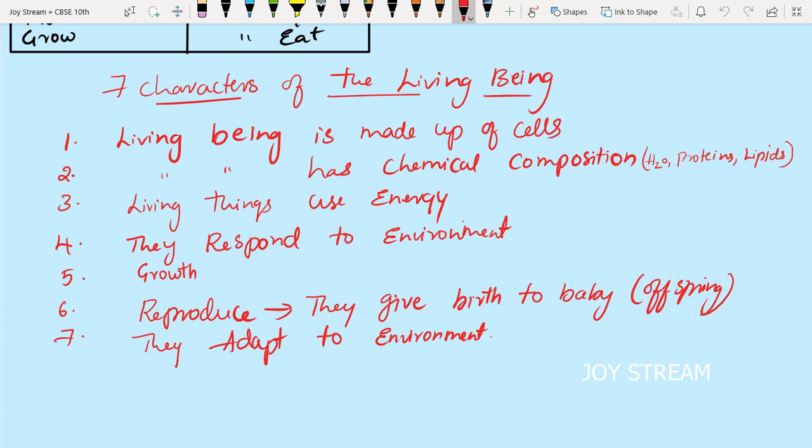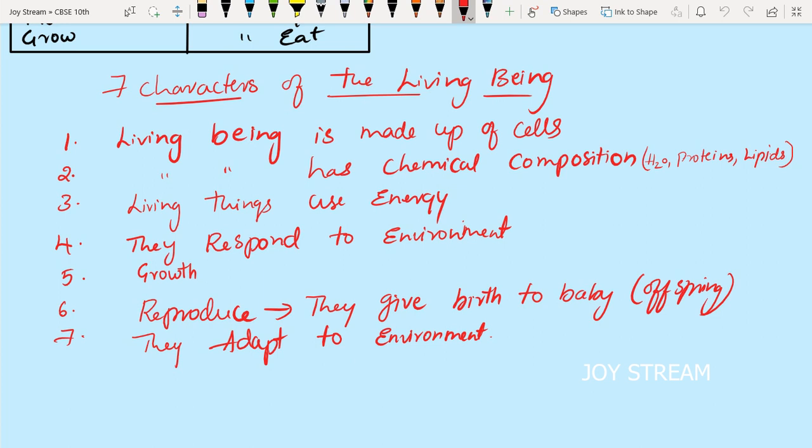A book is made up of paper. A car is made up of some metallic parts, some sponges, some plastic, likewise. But a living being is made up of cells. Cells are with life.